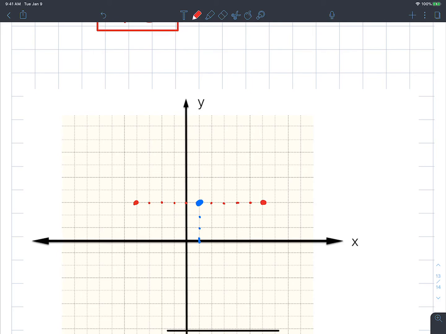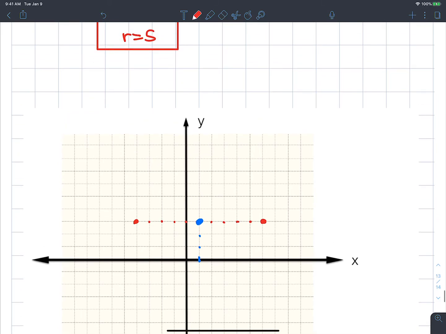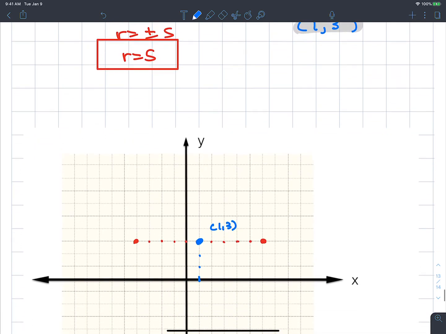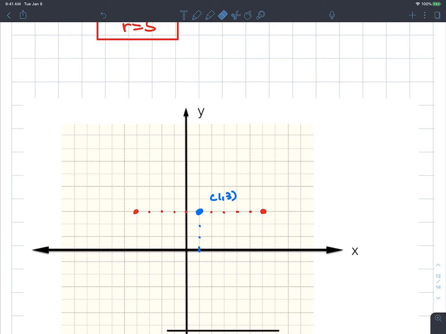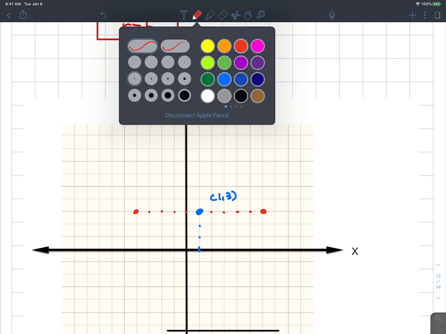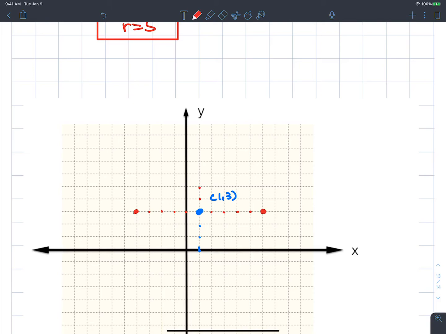So I go from the center, the address being now (1, 3). I go to the right 5. I go to the left 5. And since it's a circle, not an ellipse, I go up 1, 2, 3, 4, 5.